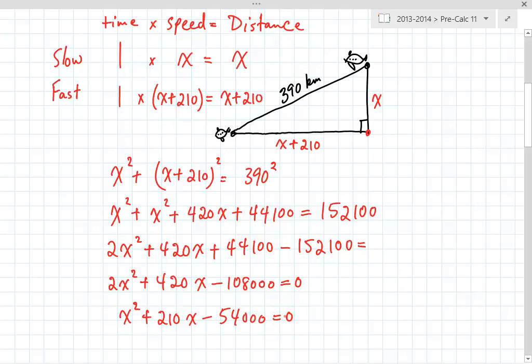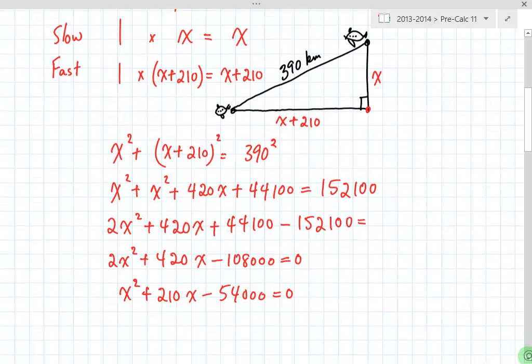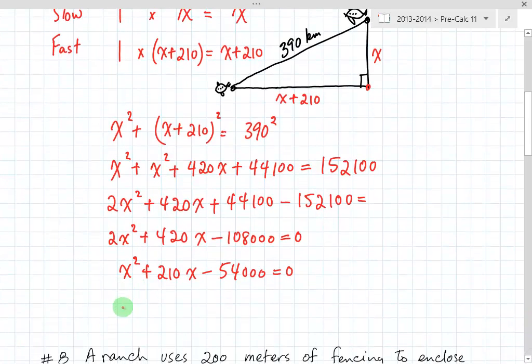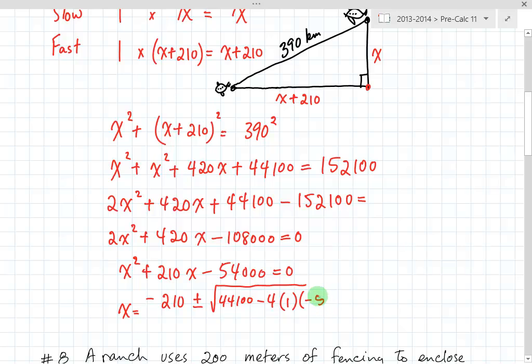After this, all I need to do is apply the quadratic formula to it, and if I do that, then I can find out what x is. x is equal to minus 210 plus or minus the square root of 210 squared, which was 44,100, minus 4 times 1 times negative 54,000, sorry, divided by 2 times 1.